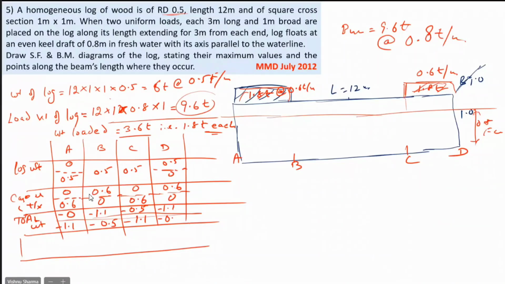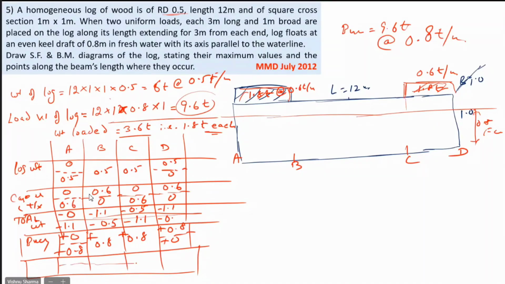And now we have the buoyancy. Its buoyancy is 0.8. So 0.8, 0.8, 0.8, 0.8 and 0. Suffix with plus. And we get the loads. All the 4 will be divided into 2.